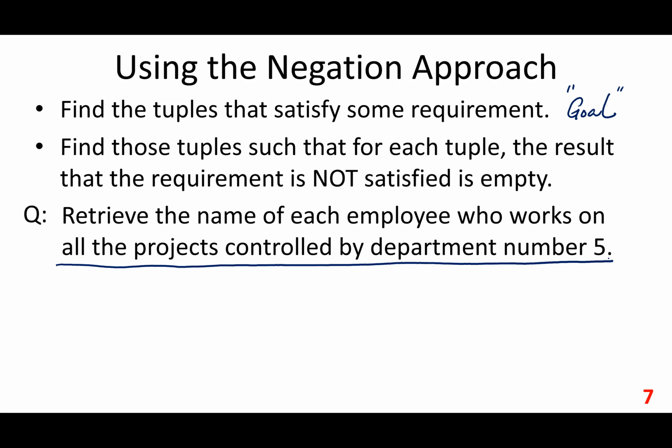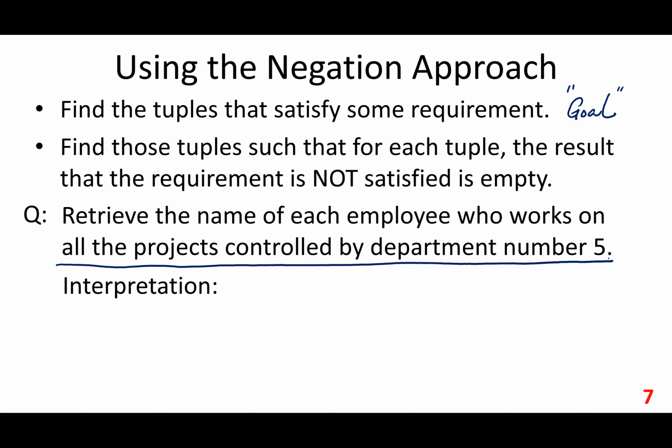All right. So for a given employee, we want to see the project number worked by this employee that's not in Department 5. So that part is empty. How about that? Not in Department 5. So that part is empty.